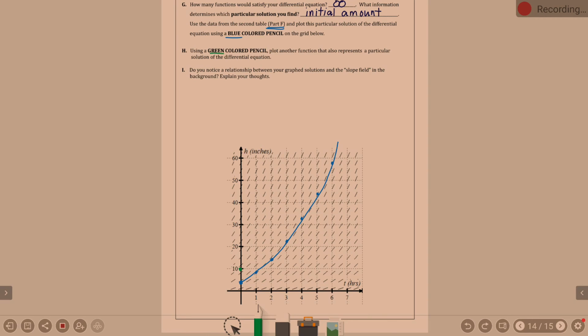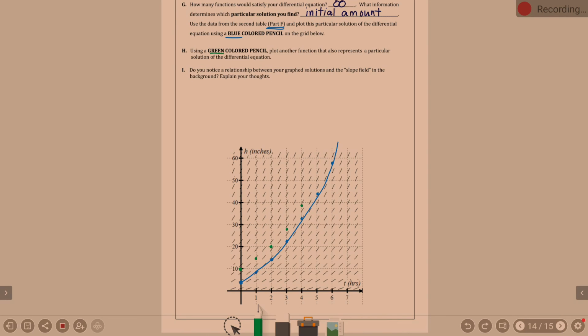Now, can you tell 6 higher? Do you need to, that first dot was 1, 8. So 6 higher than that is going to be 14. At 2, it was 2, 14. So add 6 and I'm at 20. At 3, it was 22. So what, 28? At 4, it was 32. So 38.